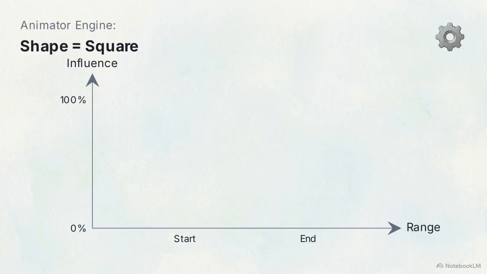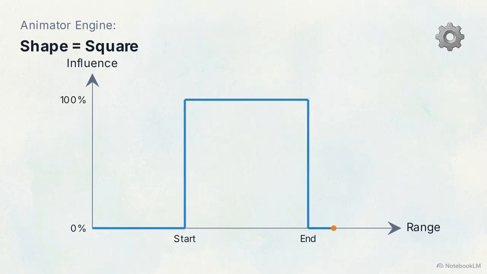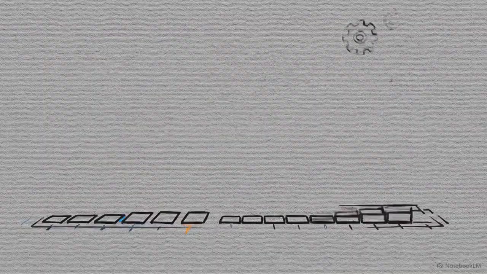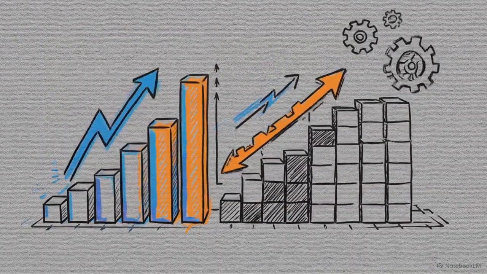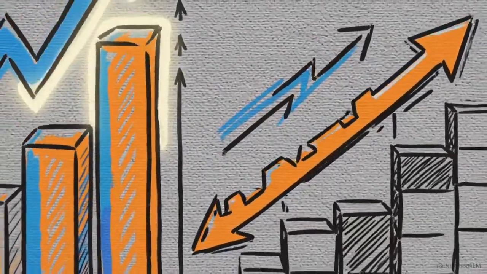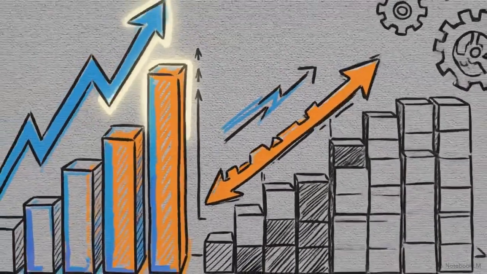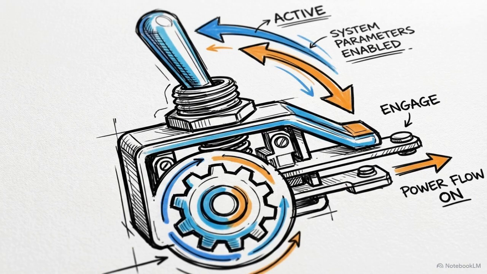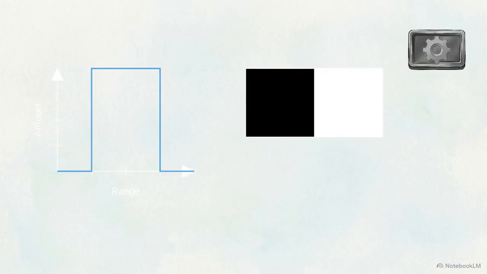But right now, the motion feels a bit off. By default, the range selector applies the animation in a square shape. This means that the transition for every single individual letter is instantaneous, making the resulting motion look incredibly stiff and robotic. To fix this, we dive into the advanced settings and change the shape of our selector from square to ramp up.